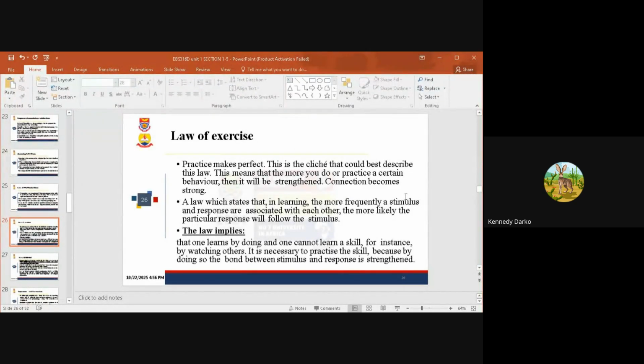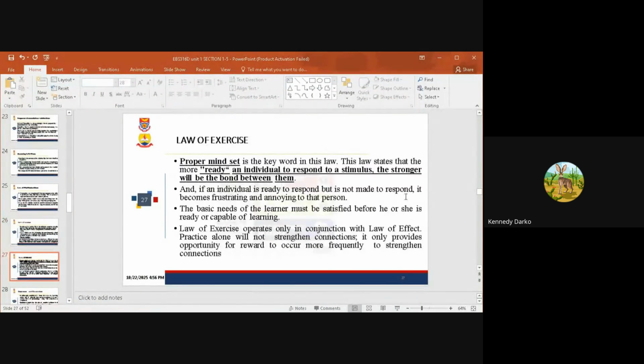So you are doing something, I'm watching you, I'm observing you, I also practice it. You do, I practice, then the bond becomes so strong that I will not have any problem with it, because I've been able to practice well and things are in the right direction.